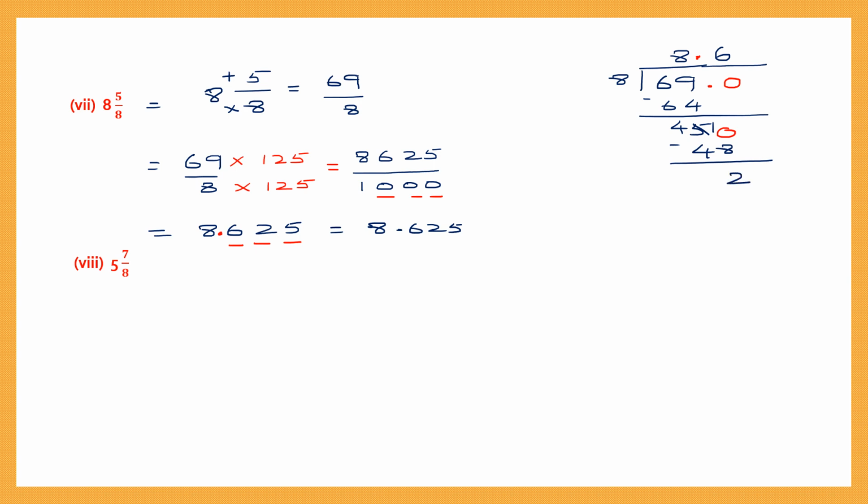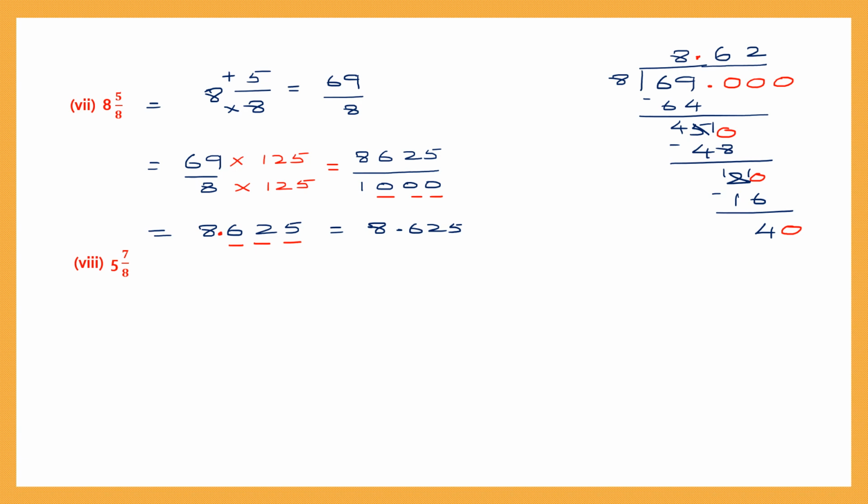Now it's not 0, so I need to continue my division. That means I'm going to put one more 0 here and bring that 0 down. Now what's my number? 20. 8 twos are 16. Again, I don't have 0, so I'm going to borrow here and find out what I get. 10 minus 6 is 4. So since my remainder is not 0, I'm going to put one more 0 here and bring that 0 down.